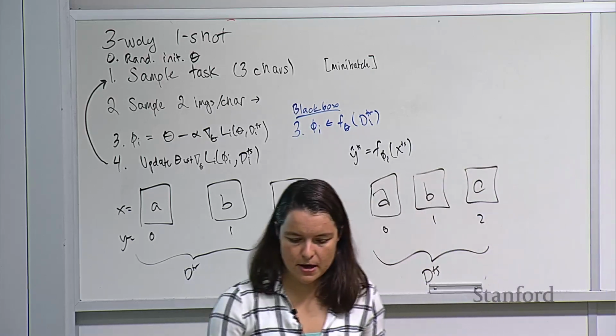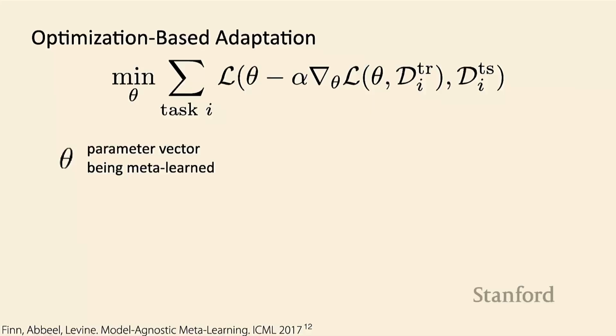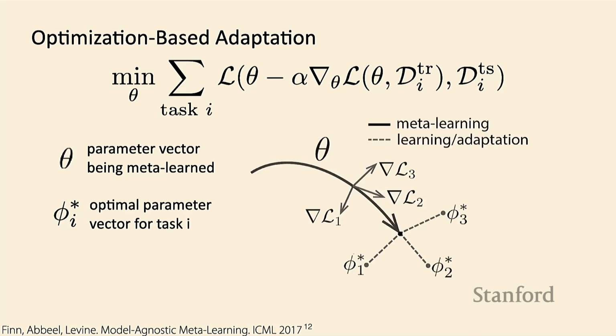One other thing that might help with some intuition here is that you can think of theta as the set of meta parameters that's being meta-learned. If you think about phi i star being the optimal parameter vector for task i, then you can think of meta-training as this thick black line.